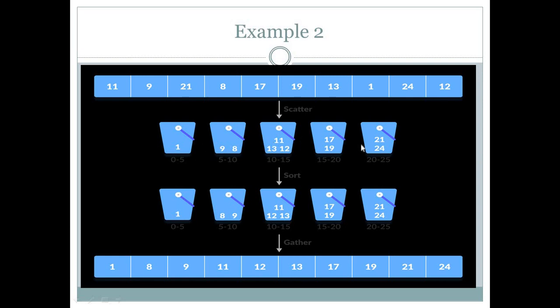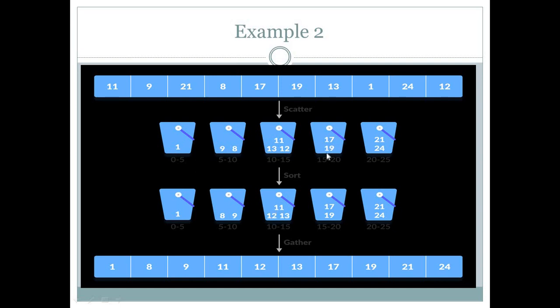After this, we will sort each bucket by the insertion sort algorithm. In the first bucket the only number is 1, so no need to apply any algorithm. In the second bucket we apply insertion sort, and 9 and 8 will become 8 and 9. In this bucket our numbers are 11, 13 and 12, which after insertion sort become 11, 12 and 13.